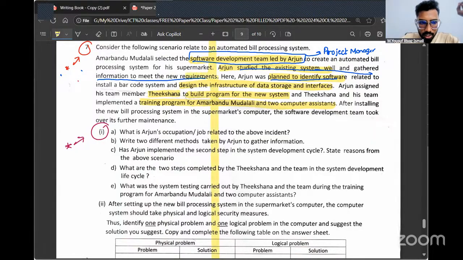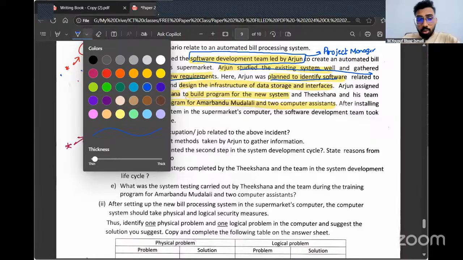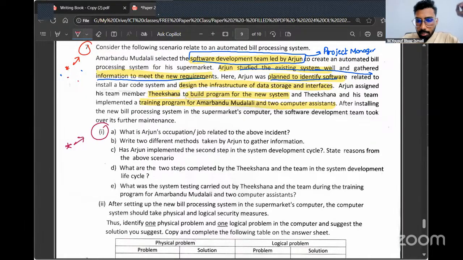This portion is direct. The portion where they are saying he's going to study the system to analyze the new requirements is normally done by a person called a system analyst.